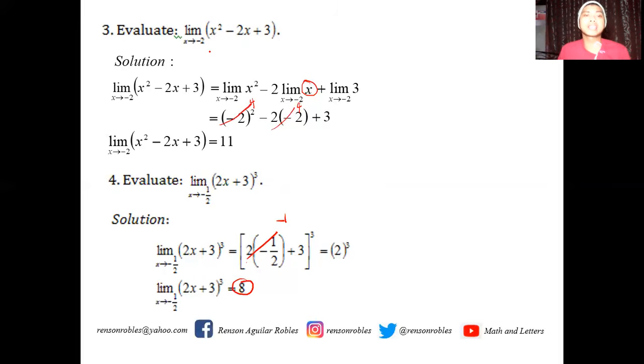Again, we are not saying that the value of this function, say for this one, x squared minus 2x plus 3 when x equals negative 2, is equal to 11.